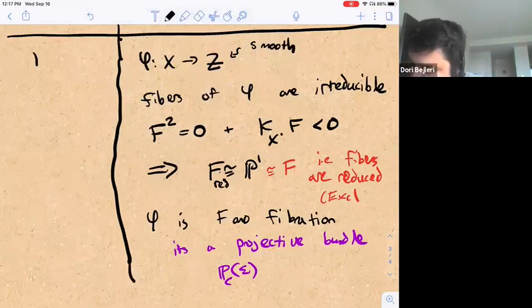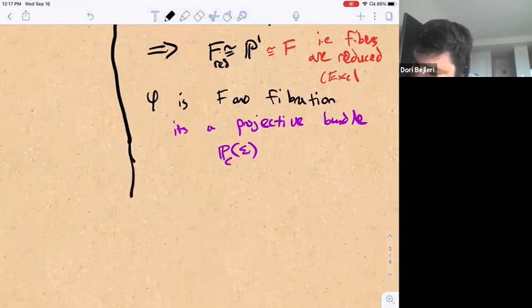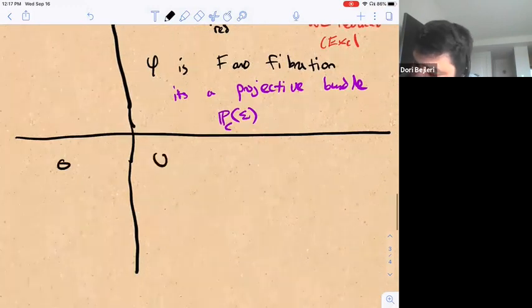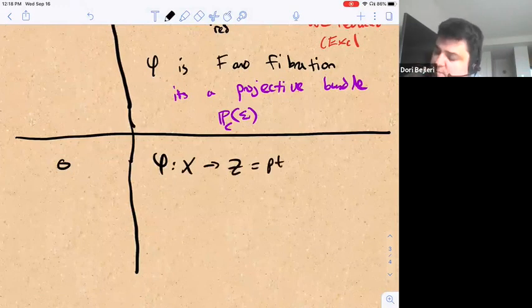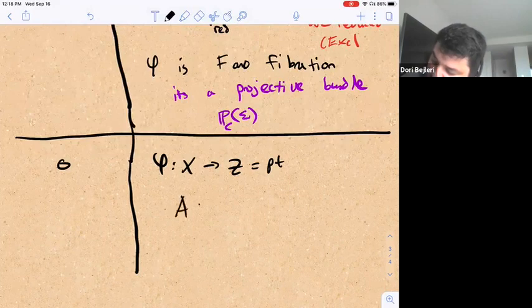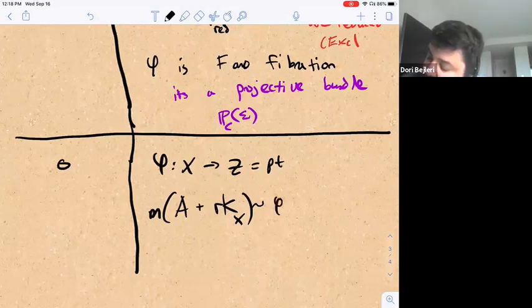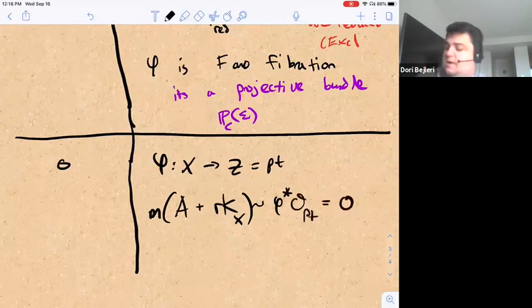And then finally, if the dimension of Z is 0, then phi has to just be the map to a point. But then what does that tell us about our canonical? That tells us that A plus R Kx is equivalent, or maybe some large multiple of this, the large multiple we need to take to make this semi-ample, is equivalent to the pullback of some divisor on a point, but that's just a 0 divisor, so this is 0.